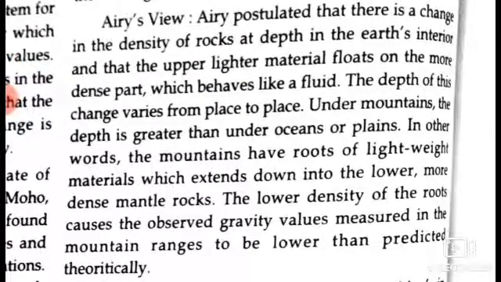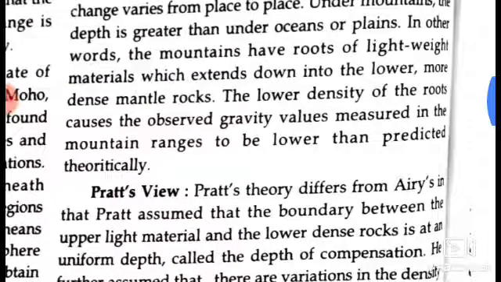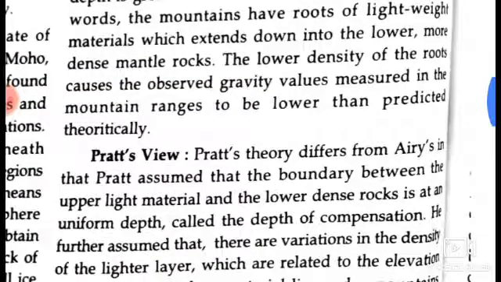Under mountains, the depth is greater than under ocean or flat land. In other words, the mountains have roots of lightweight materials which extend down into the lower, more dense mantle rocks. The lower density of the roots causes the observed gravity values measured in the mountain ranges to be lower than predicted by theory.